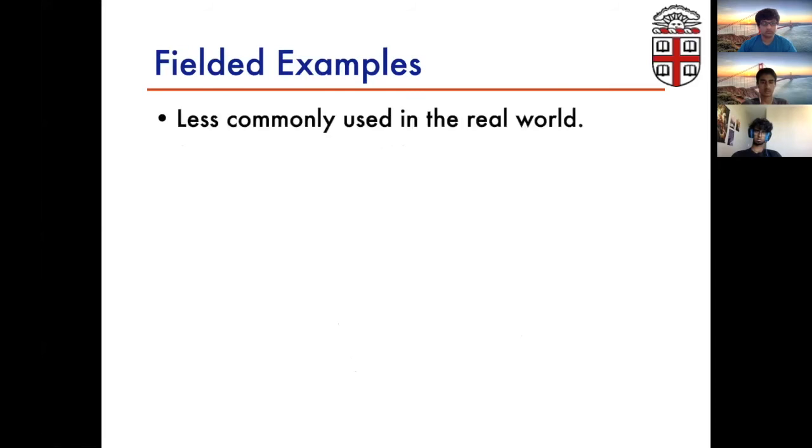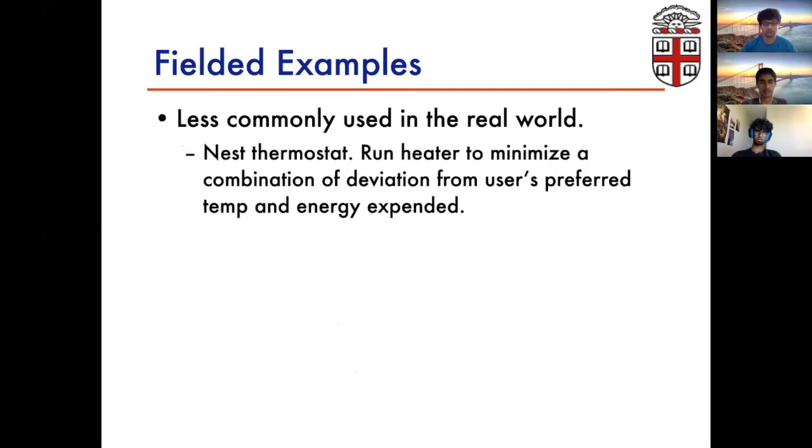There are not that many systems that really use this compared to programming. But there are a couple. The Nest thermostat decides how to run a heater in the house to minimize a combination of the deviation from the user's preferred temperature and the amount of energy that the system expends in making that happen. So the engineers at Nest created an objective function.